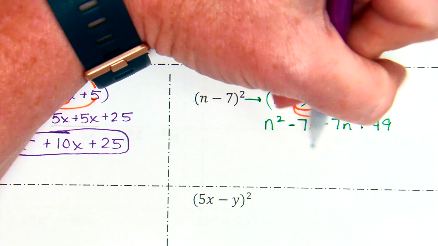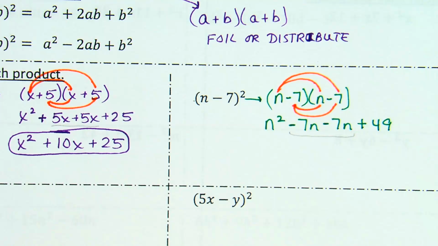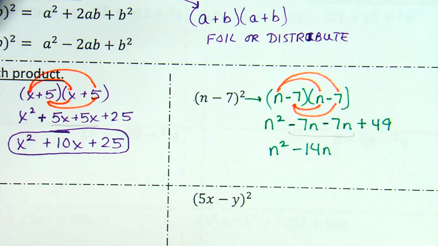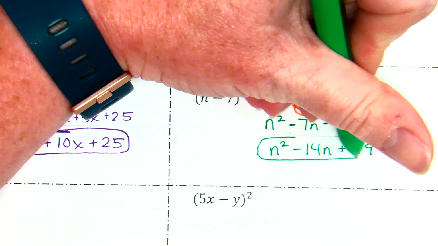No. Negative 7n minus 7n. What's negative 7 minus 7? There's a minus 14n in the middle. I still have n squared out front, and I still have plus 49 out back.